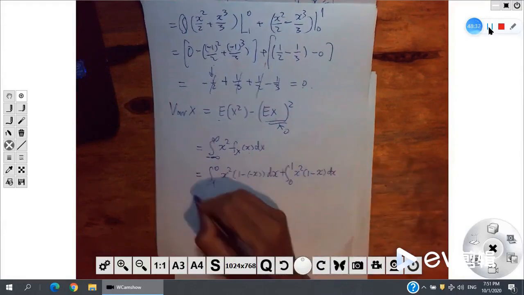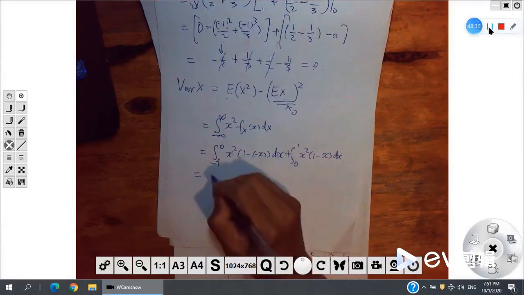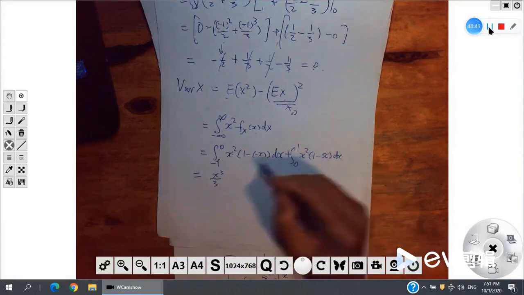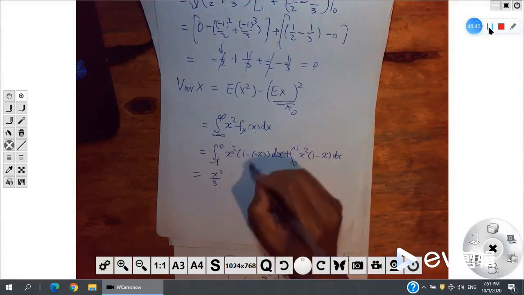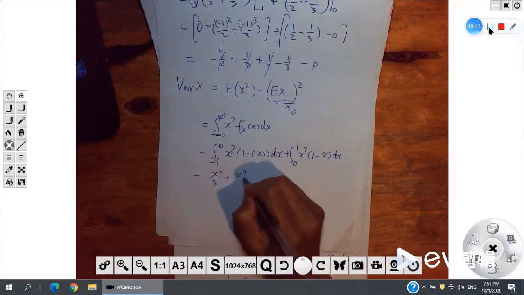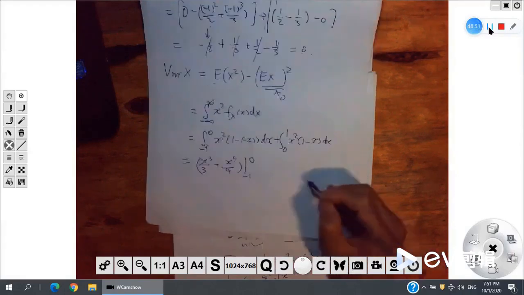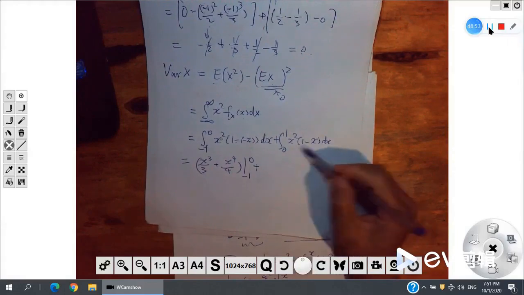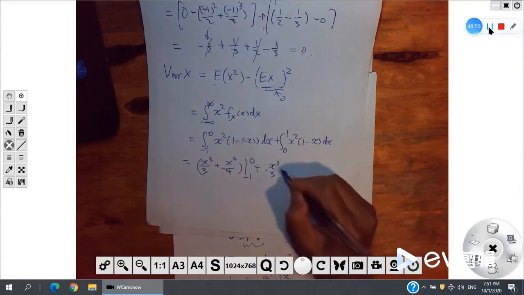Okay, so this is x squared. I have x cubed over 3, and x cubed, right? This is a plus x cubed, that will be x to the fourth over 4, from negative 1 to 0. And plus this one, x squared, that will be x cubed over 3, and minus x cubed.